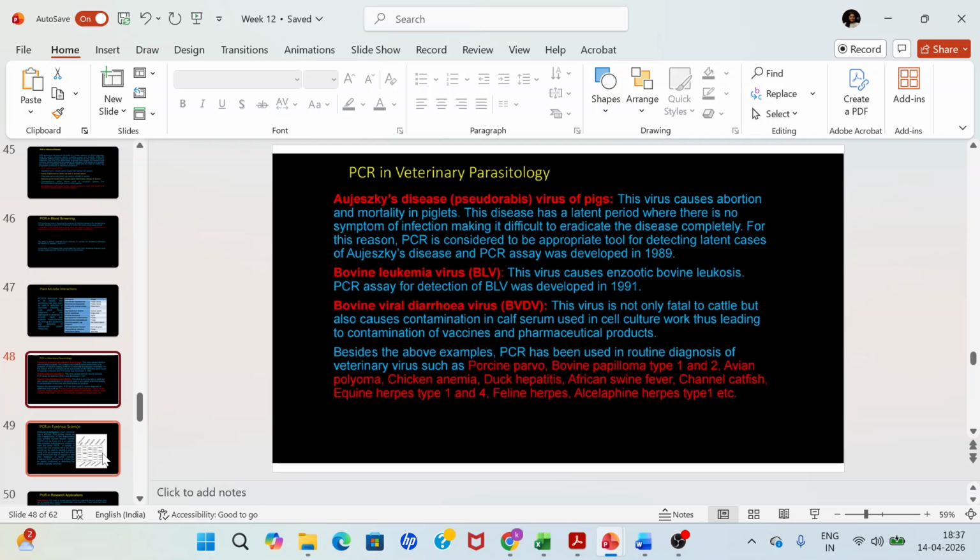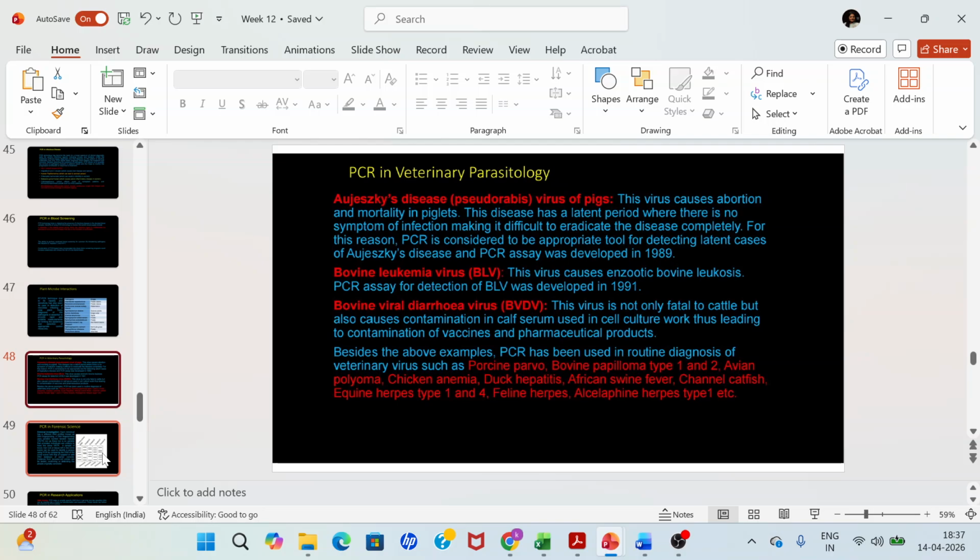For this reason, PCR is considered to be an appropriate tool for detecting latent cases of Aujeszky's disease, and PCR assay was developed in 1989. So PCR again is very helpful in veterinary parasitology also.